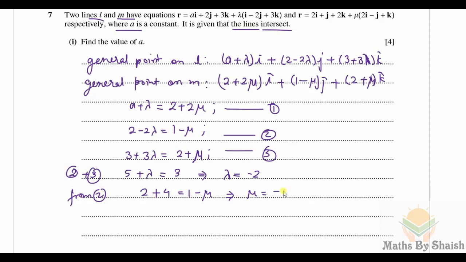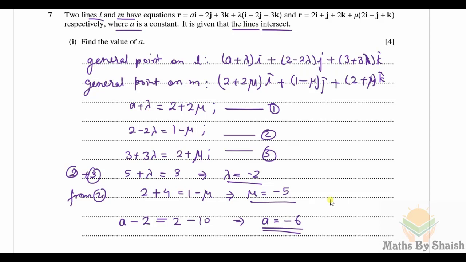So it would come here, it is going to be minus 5. And it would be a is equal to minus 8 plus 2, which is minus 6. So the value of a would be minus 6. I hope it is clear.